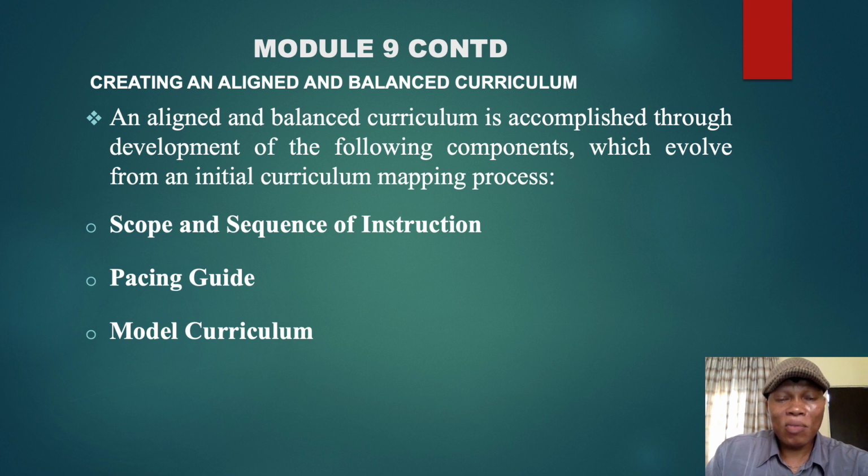That is, from known to unknown, from simple to complex, and to which extent the subject matter should be covered. And this has to be included in each subject curriculum that will be given to the schools. And all the schools must abide by that so that there will be uniformity.